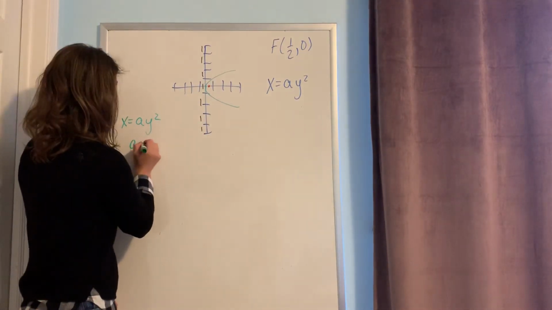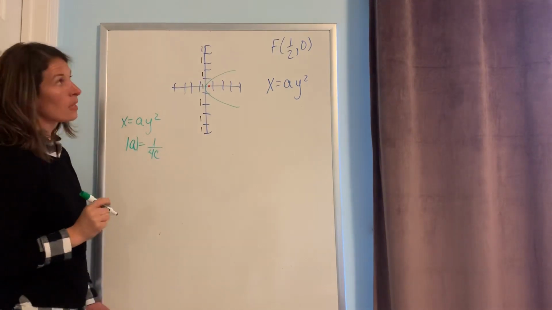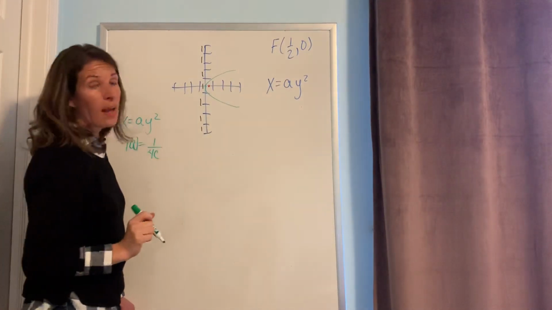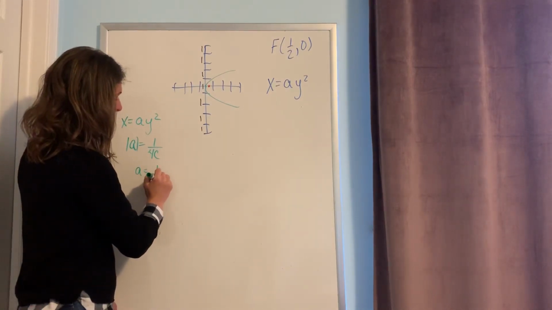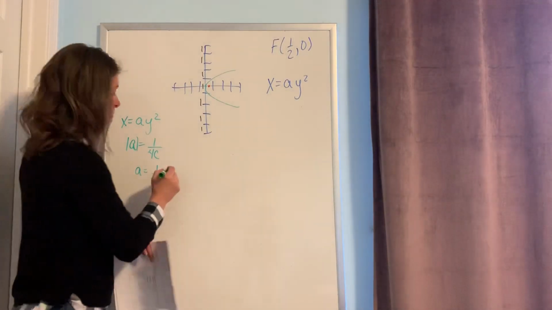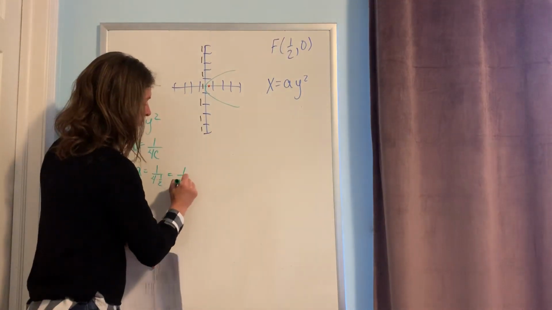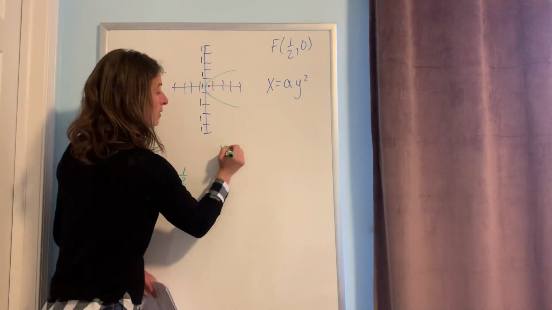My absolute value of A is equal to 1 over 4C, and my C value is 1/2. So A is equal to 1 over 4 times 1/2. 4 times 1/2 is 2, so it's 1 over 2. So now I need to write the equation.